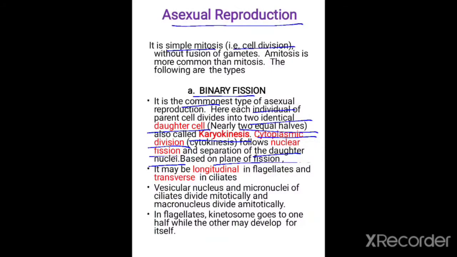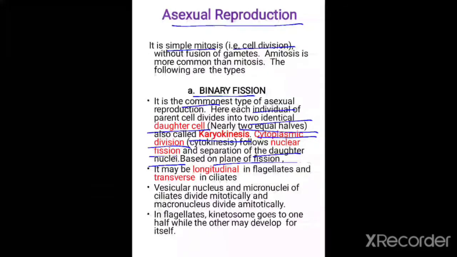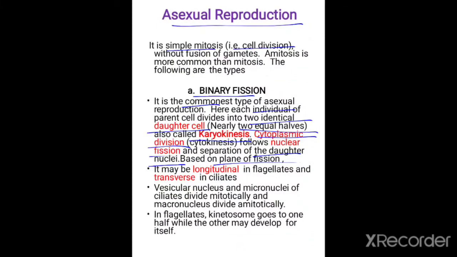It is the cell membrane which contains the cytoplasm, and it is the nucleus. Cytoplasmic division occurs, then the nuclear division occurs, leading to the formation of two daughter cells, nearly equal halves, and this type of fission is called binary fission. It may be longitudinal or transverse.